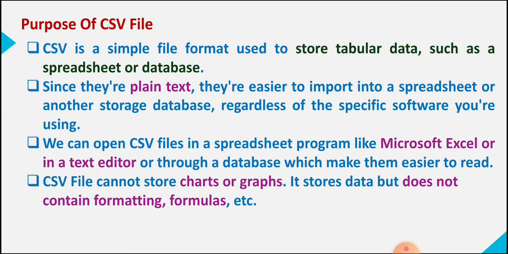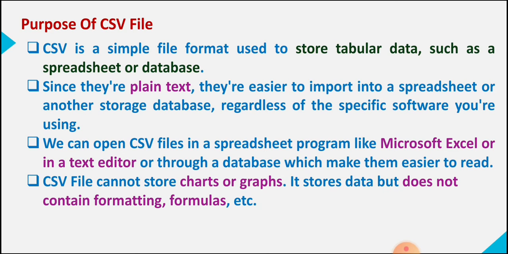CSV is a simple file format used to store tabular data such as a spreadsheet or database. So CSV files are used to store the data in tabular format. We know how an Excel sheet looks: it looks like a grid, that is rows and columns.